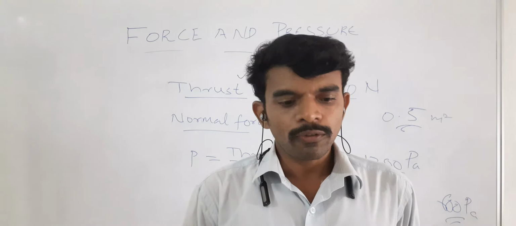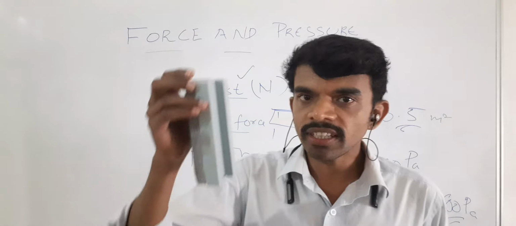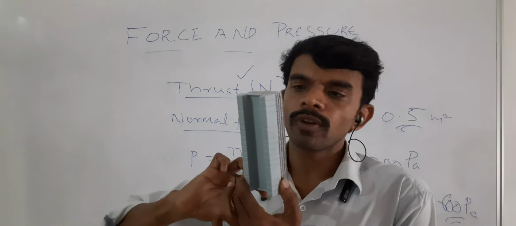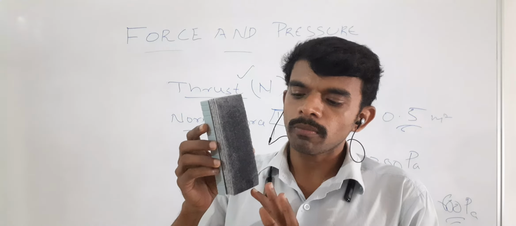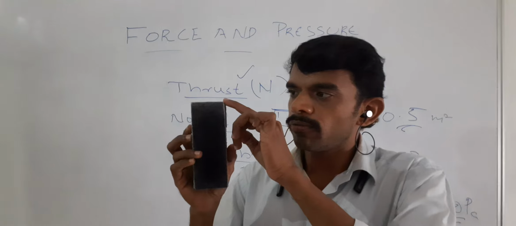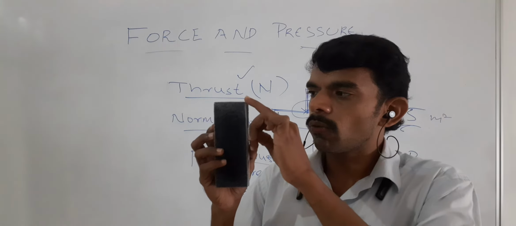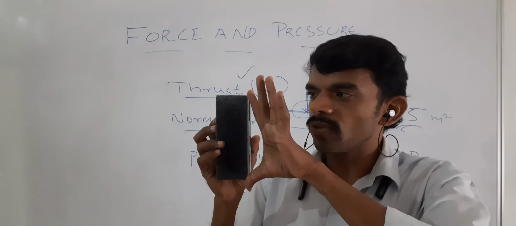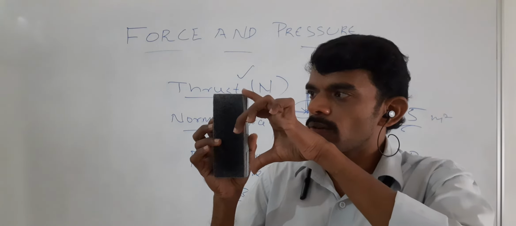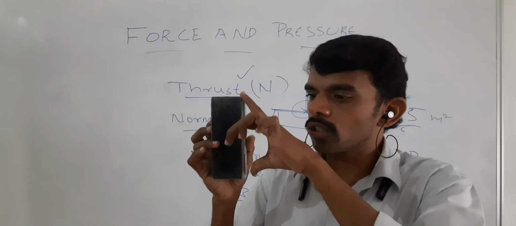So for example, imagine this is a water bottle. We have filled the water from bottom to top. This is the water column of height h. H is the height of the water column.